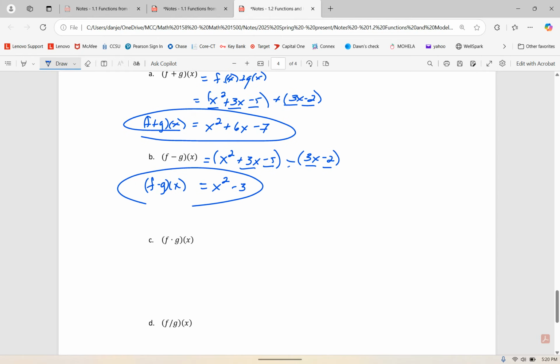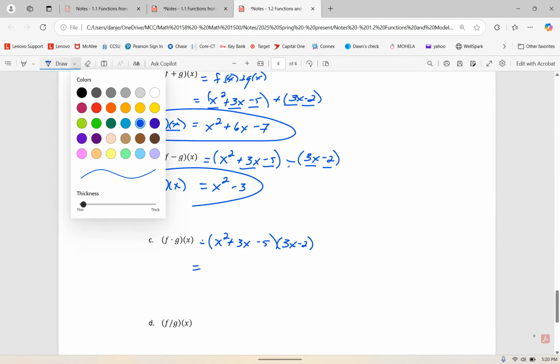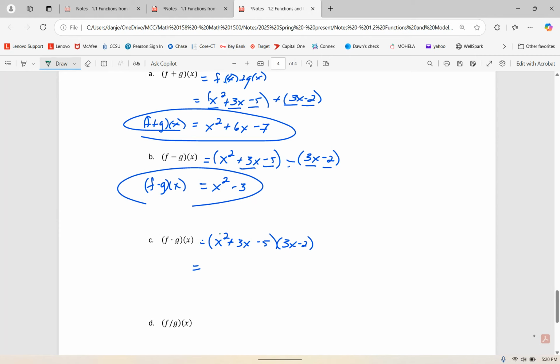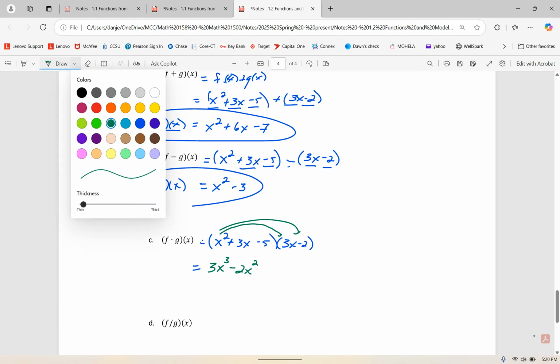To find the product of the two functions, f of x times g of x, I'm going to multiply these. First, I'm going to distribute the x squared to each of those two terms. So x squared times 3x is 3x cubed, and x squared times negative 2 is negative 2x squared.